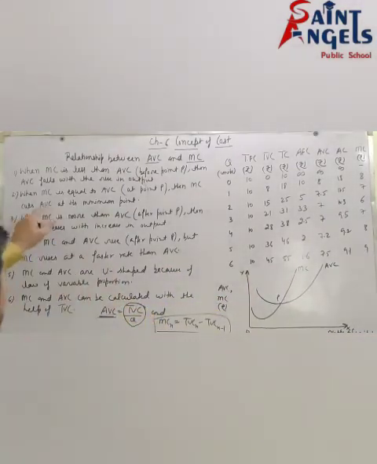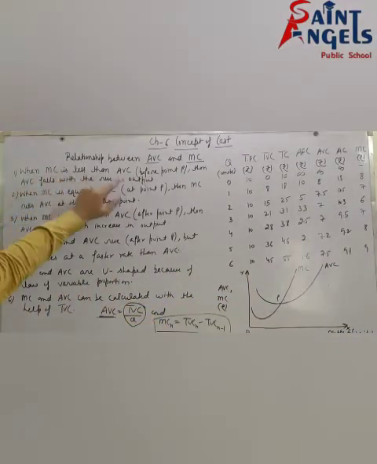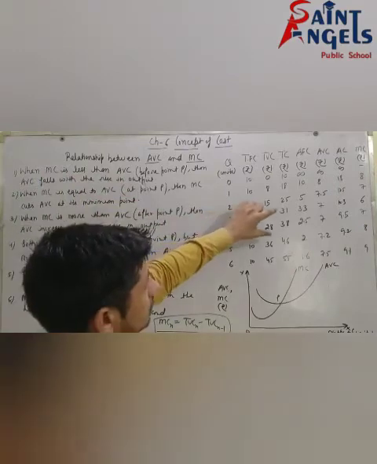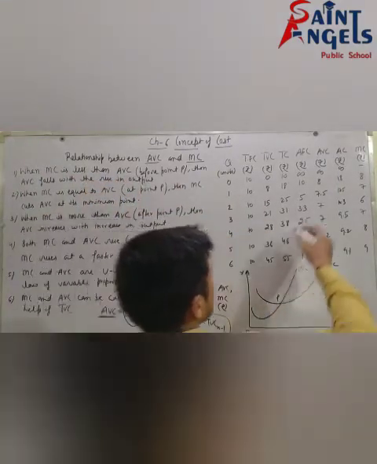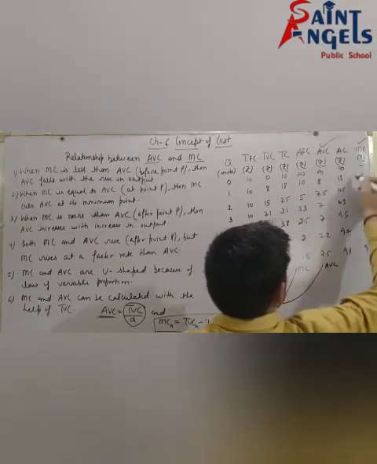Now we are going to discuss these points with the help of the schedule. See, this is AVC and this is MC.